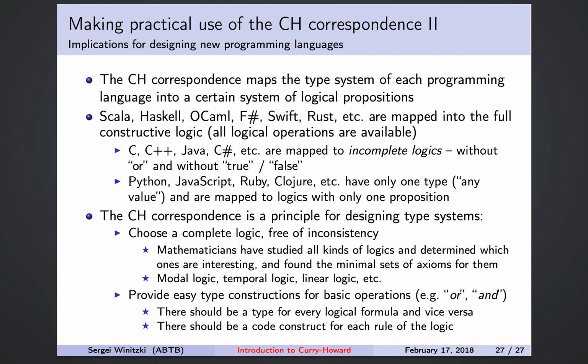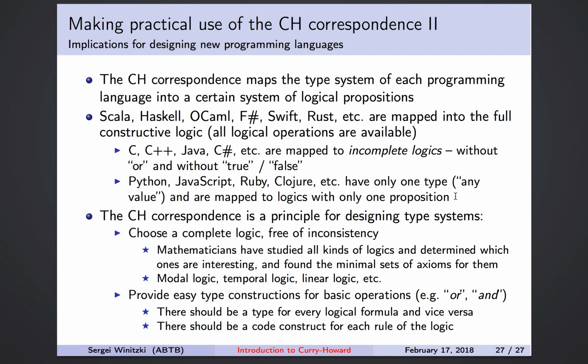Languages called scripting languages sometimes, such as Python or JavaScript, Ruby, and so on. Also R belongs there, MATLAB. Those languages only have one type. They actually don't check types at compile time, and so they're mapped to logics with only one proposition.